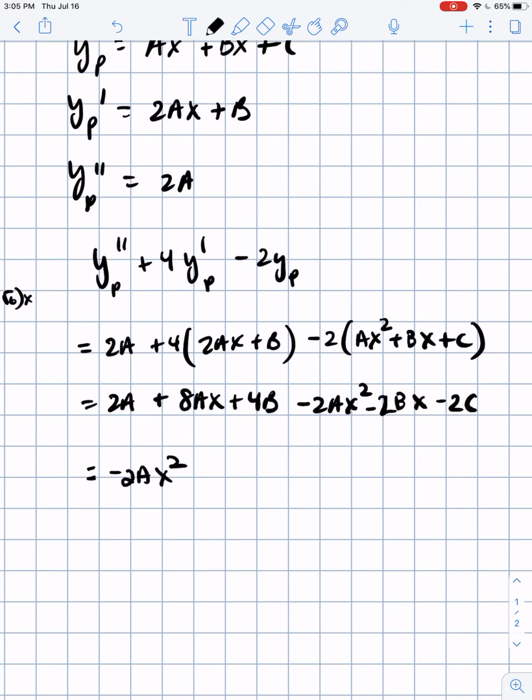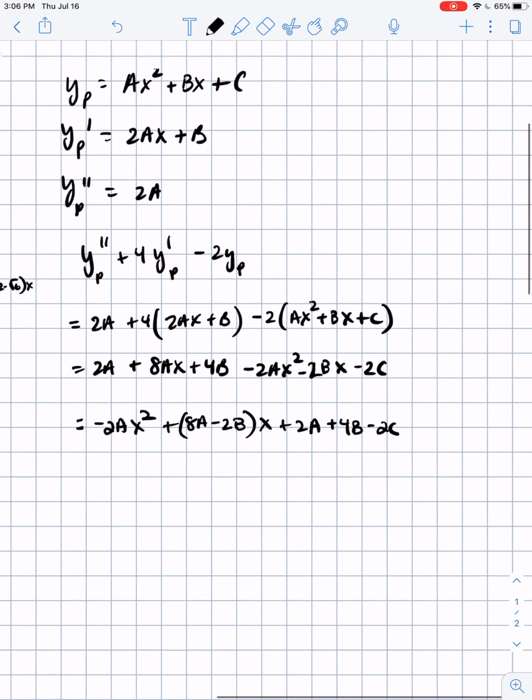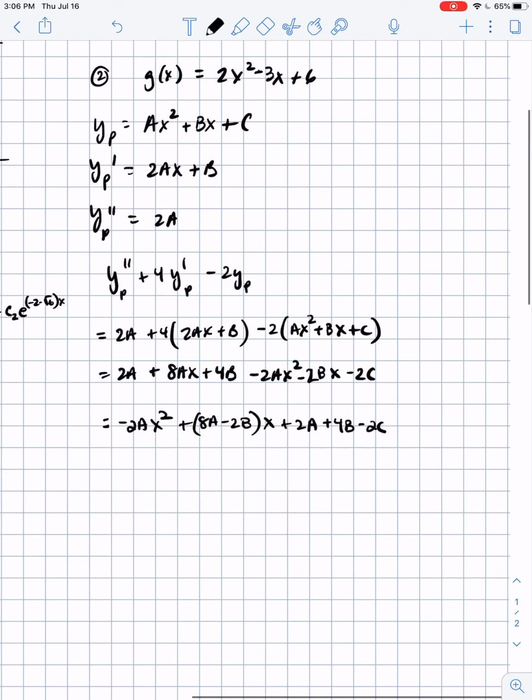We would have 2a x squared plus (8a minus 2b) x, and then the constants 2a plus 4b minus 2c. Now, the reason why I'm doing that: if you go back to what g of x was, which was 2x squared minus 3x plus 6, take a look at the coefficients.